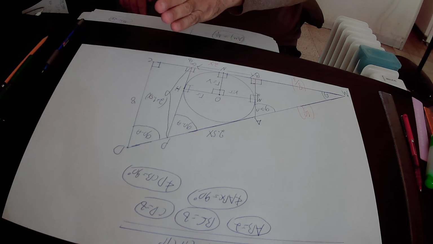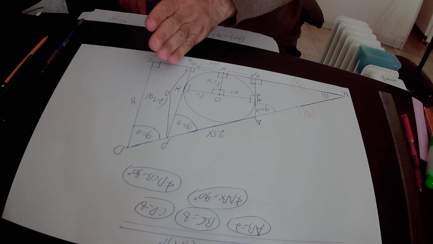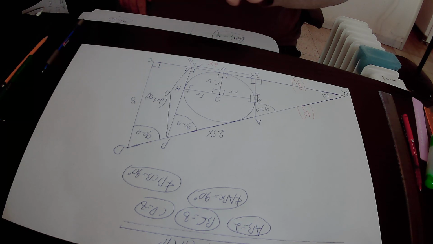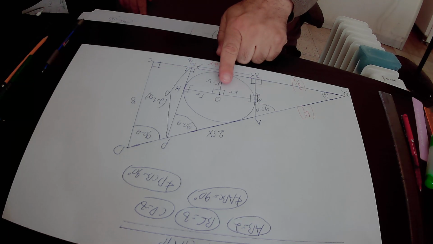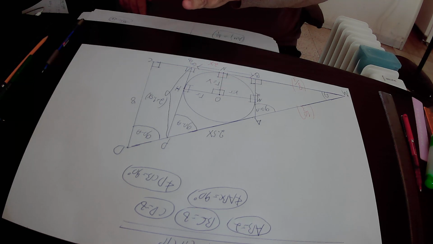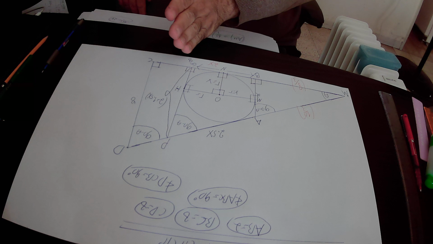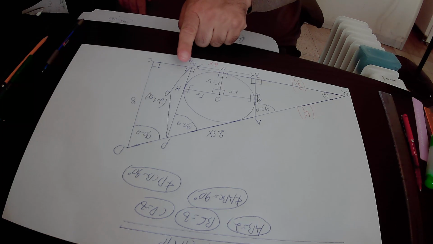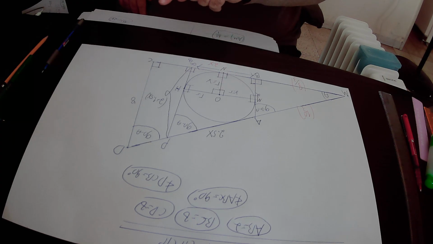Actually, at the farthest point of the circle from the center, the perpendicular will be tangent to this circle, exactly at the farthest point of the circle from point O. Okay? Therefore, it is absolutely possible to do it.